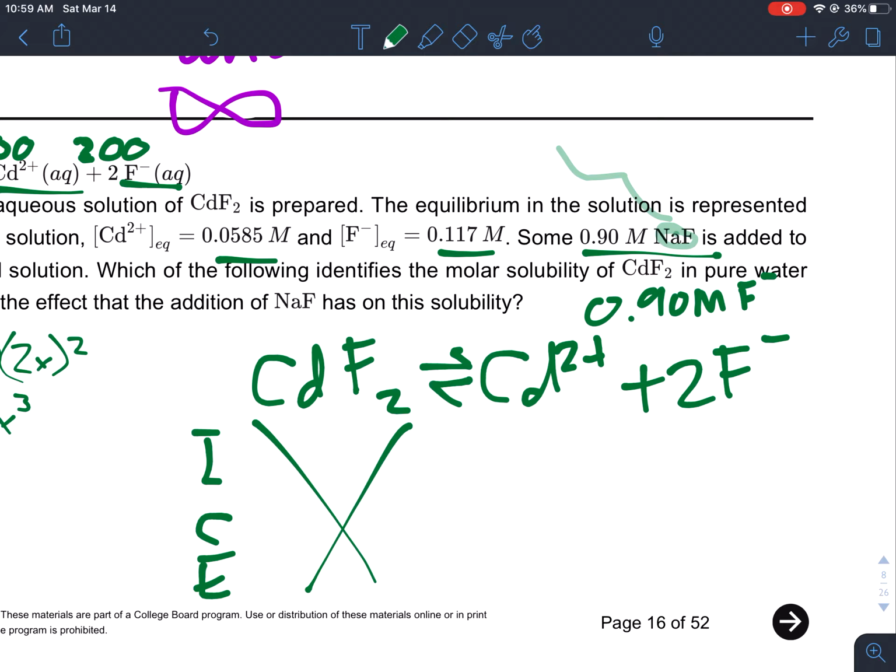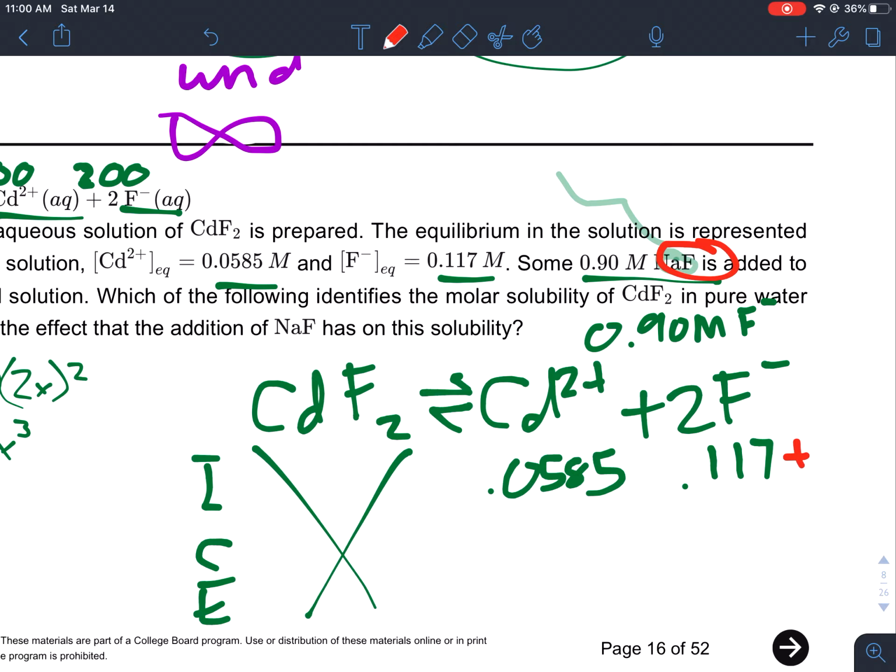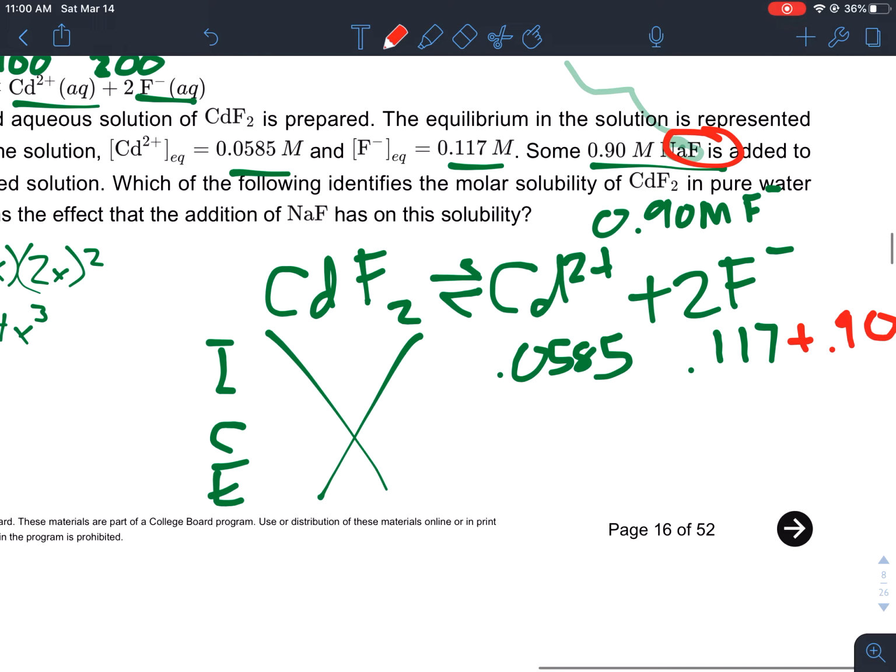Now you had 0.0585 of this, and you had 0.117 of that, but guess what? When you added NaF, you added a whole bunch of F minus. You added a lot of F minus, right? That's what you did here.